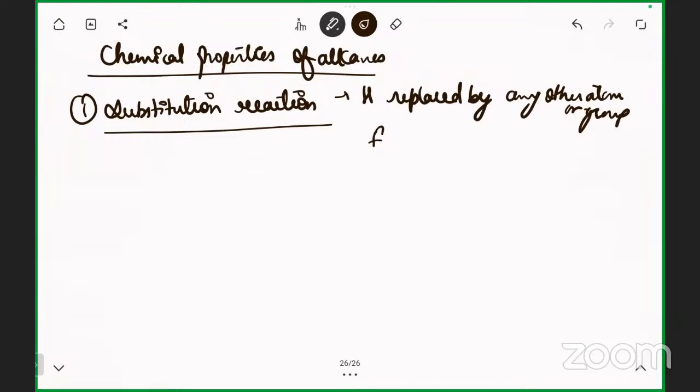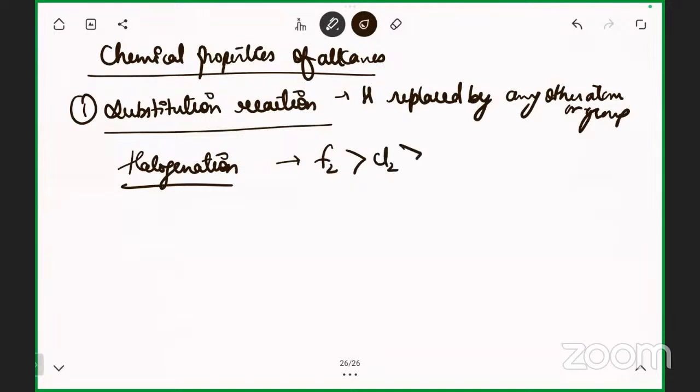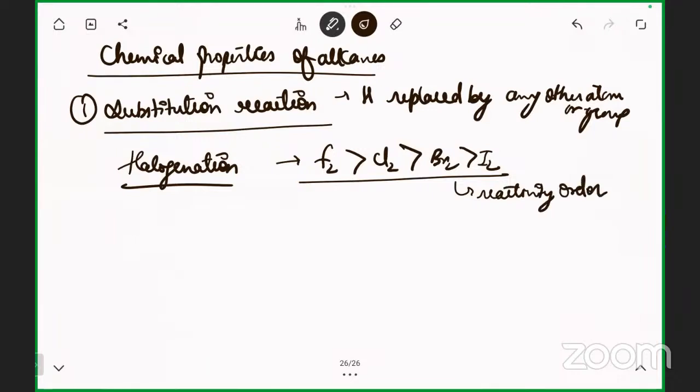If we are talking about halogenation, it means we have to replace the hydrogen by the halogen, and the order will be fluorine, which has the highest removal power, then second Cl2, then Br2, and then I2. This is the reactivity order.